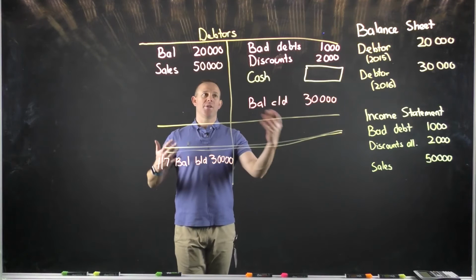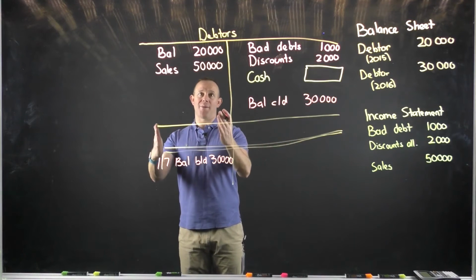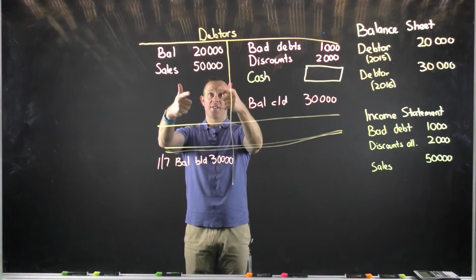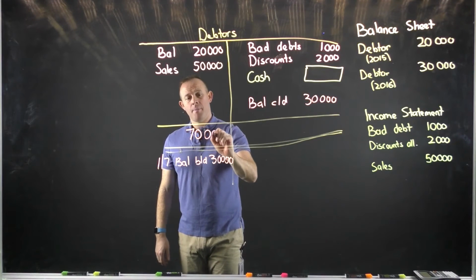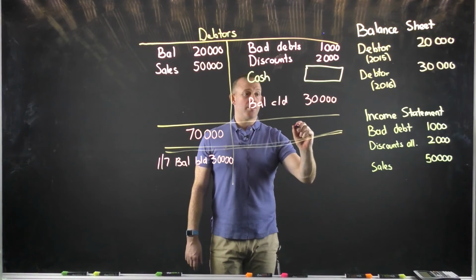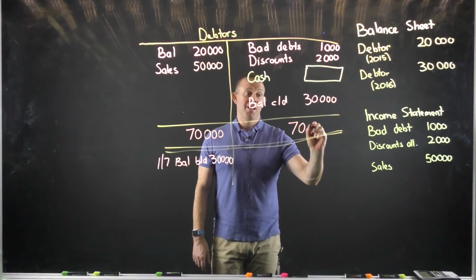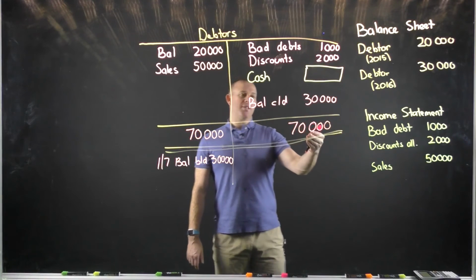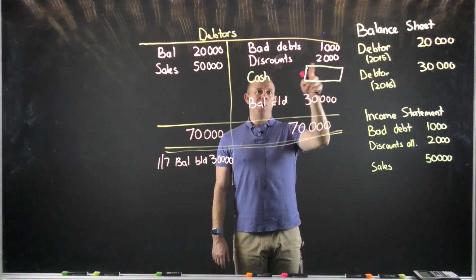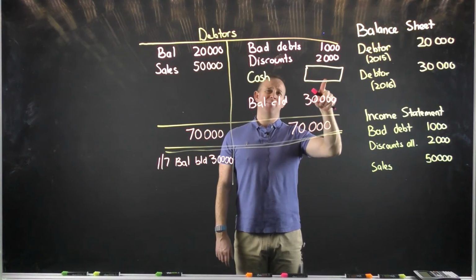So if we look at our debits and credits, we know that we've got the most amount on the debit side. So that's $70,000. That needs to go here, $70,000. And $70,000 needs to go on the credit side too, because debits and credits must always equal. So if we look at this example here, what will cash be?